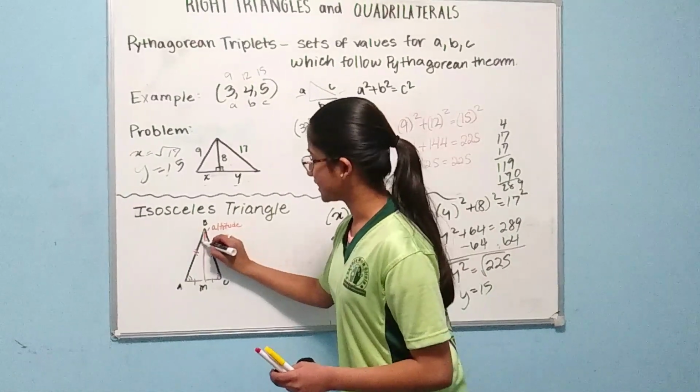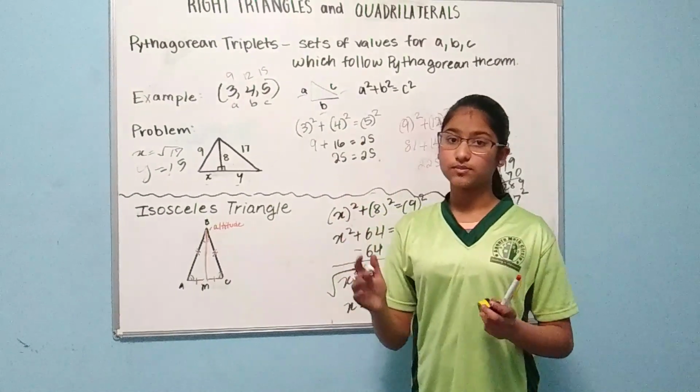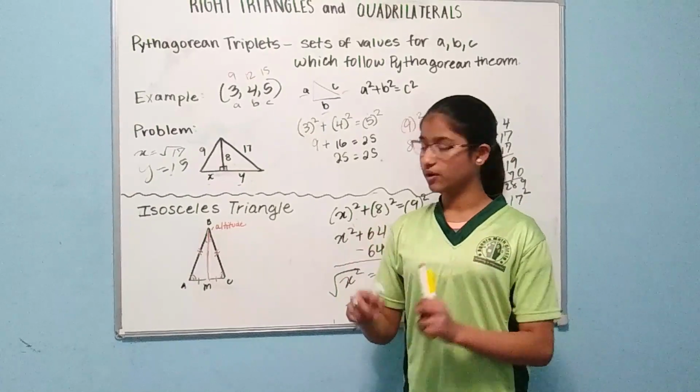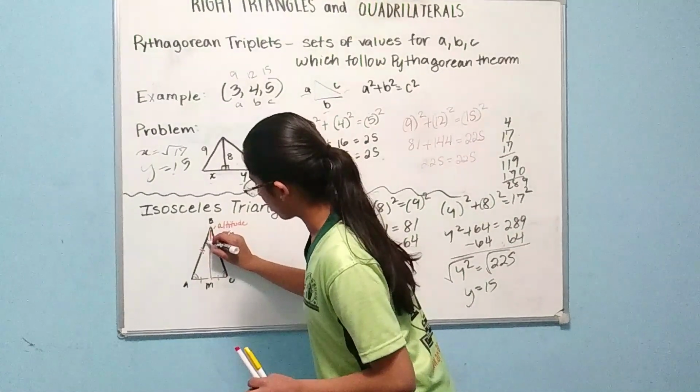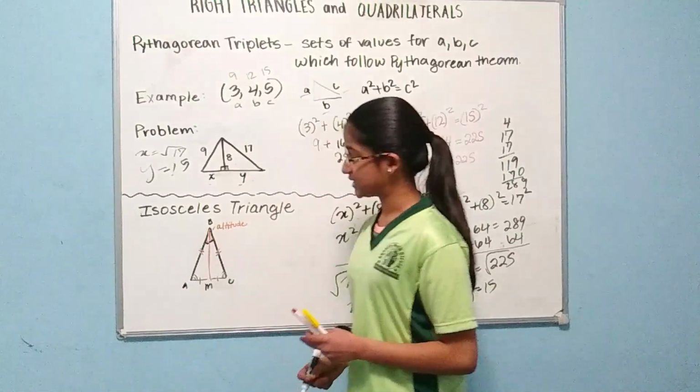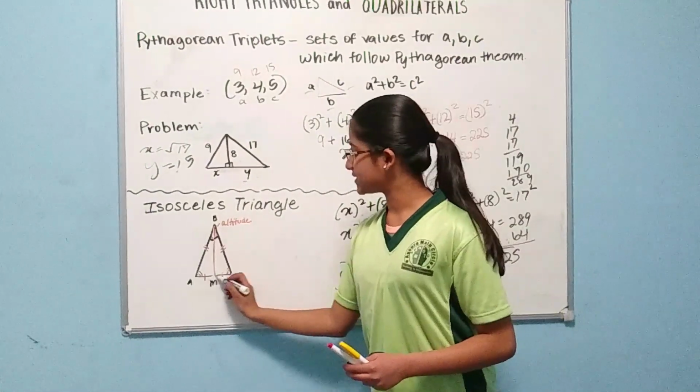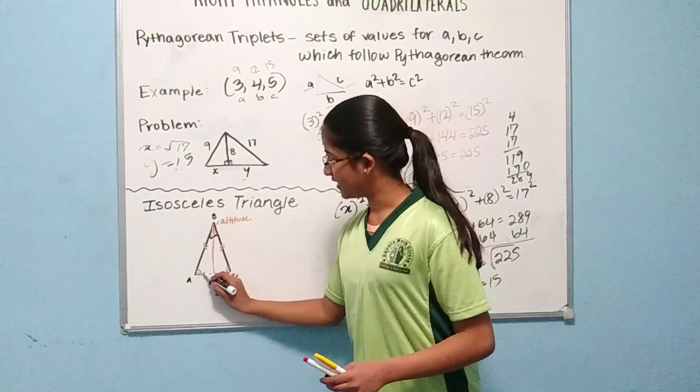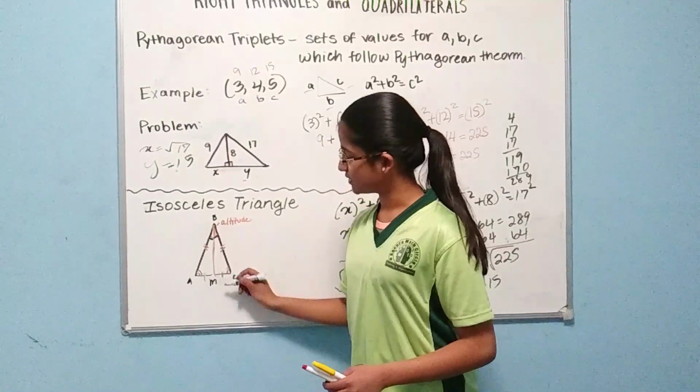So it bisects angle B, meaning bisects means separates it into two congruent angles. So this angle is equal to this angle, and it also bisects the base. So this length is equal to this length.